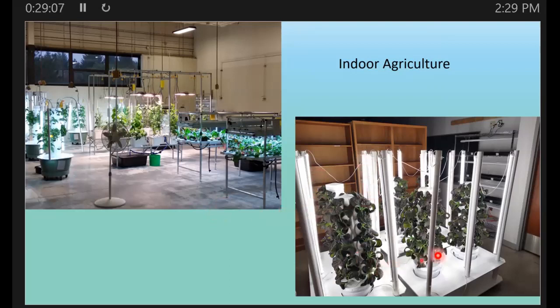This lower right picture is a do-it-yourself hydroponic towers. There's 6 of them total. So she put them, this is Chelsea's project. She did a research project where she was looking at growing, in this case, bok choy.